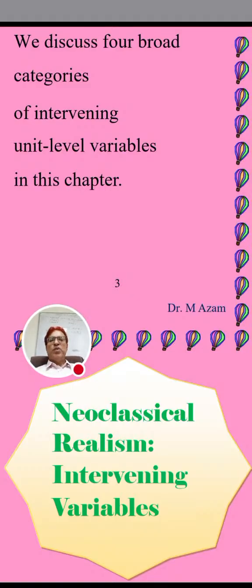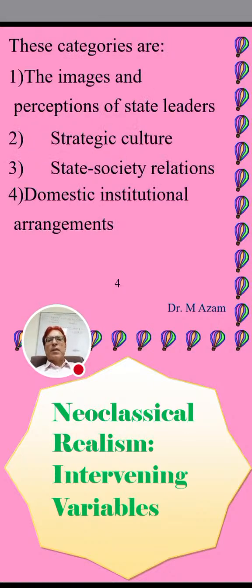We discuss four broad categories of intervening unit-level variables in this chapter. The major units of the international system are states, so that is the unit level, the state level. These categories are: number one, the images and perceptions of state leaders.